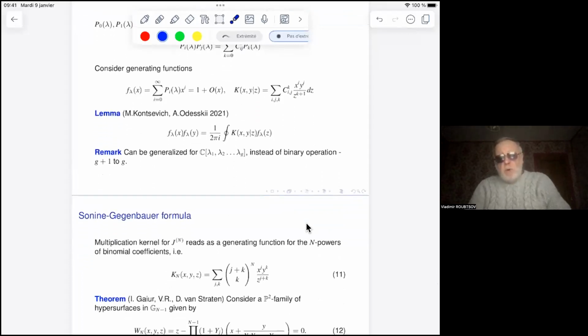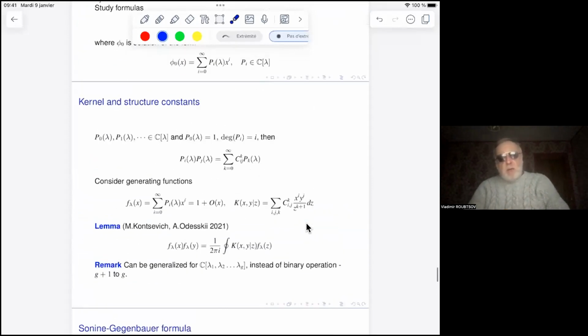And in this form, we can generalize it. It was not in Odesky and Kontsevich, it was in some sense our philosophy. We can generalize it as a form of the non-abelian Abel theorem.